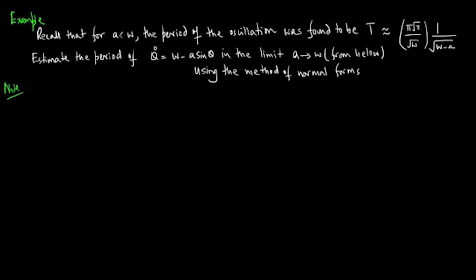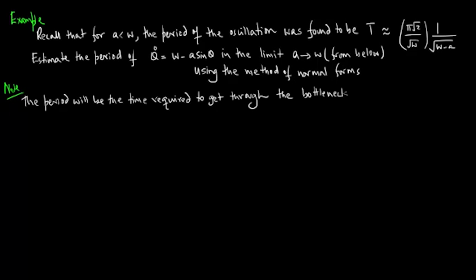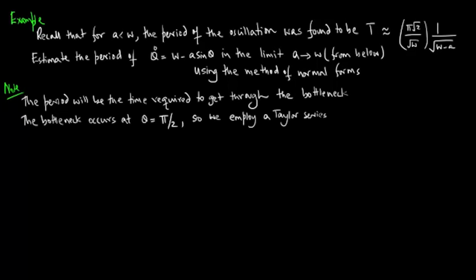Note that the period will be the time required to get through the bottleneck, and as the bottleneck occurs at theta equal to pi on 2, we employ a Taylor series expansion about this point. So we let phi equal theta minus pi on 2, where phi is small.